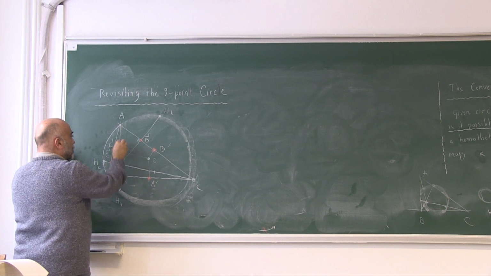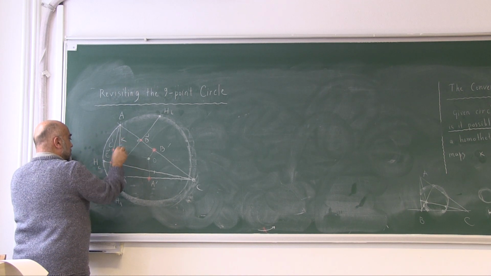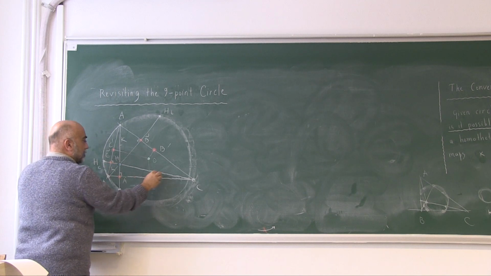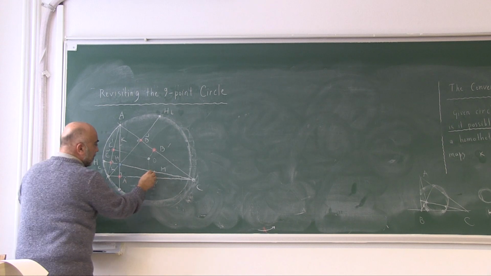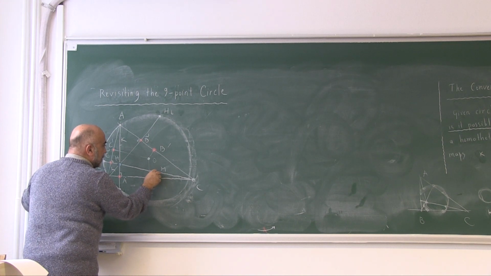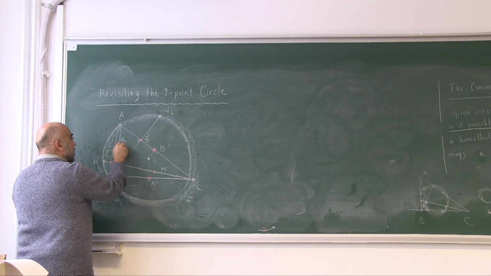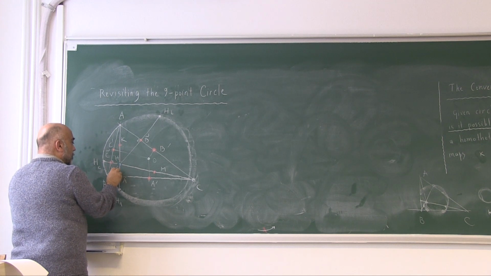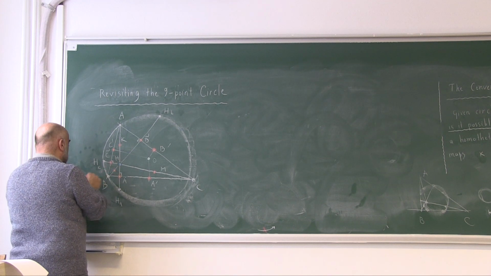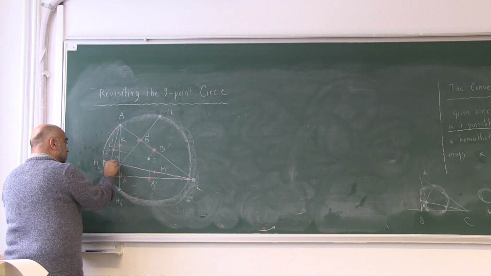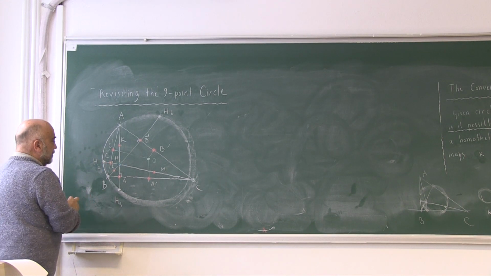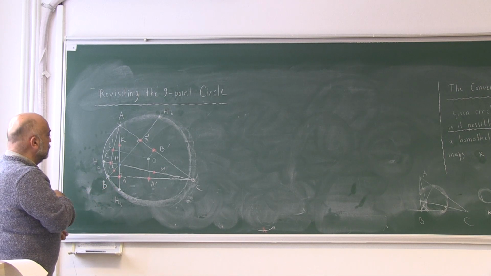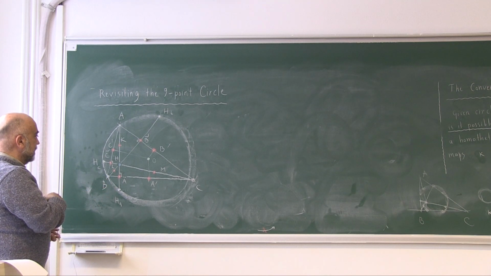I think we called them K, L, M. So let me again use red to indicate. So these red points, the 9 points, they are all on a circle, and we are mystified. I mean, how come? And here is the explanation. Here's, I think, what I consider to be the best explanation.